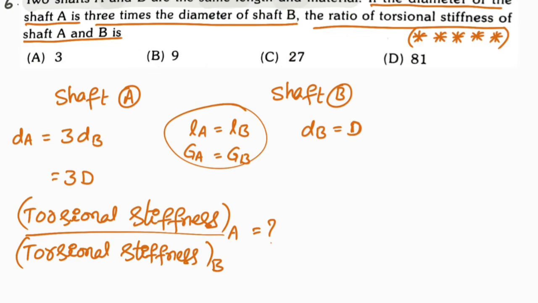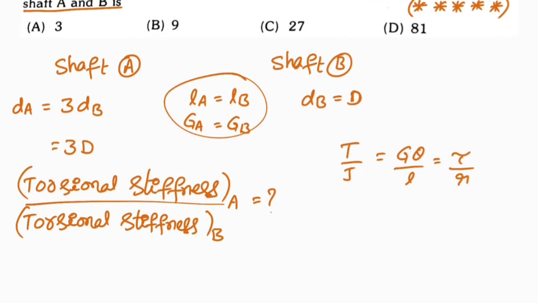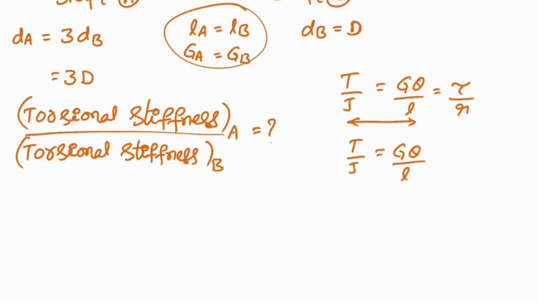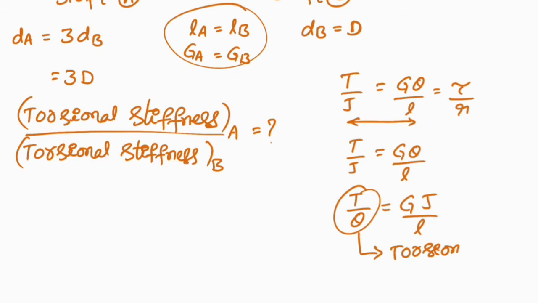As you know, the torsion equation is T by J equal to G theta by L equal to tau by R. From this, T by J equal to G theta by L, or T by theta is equal to GJ by L. Remember, the quantity T by theta is called torsional stiffness.